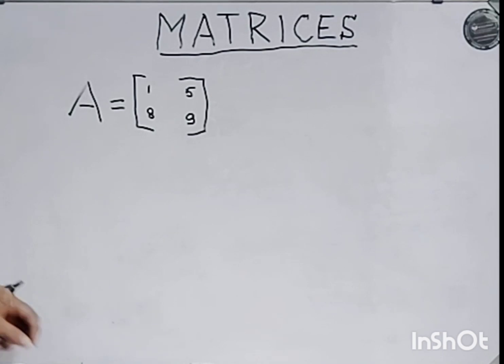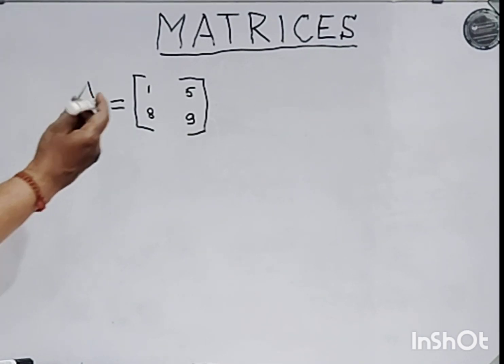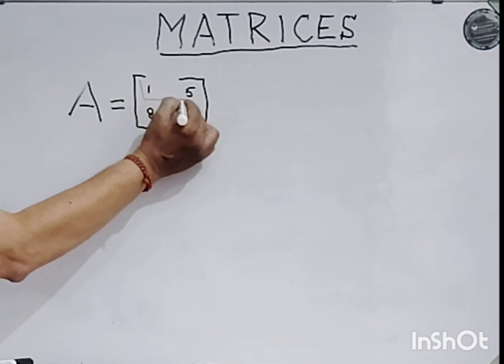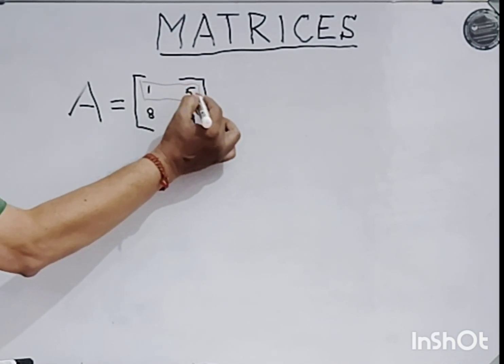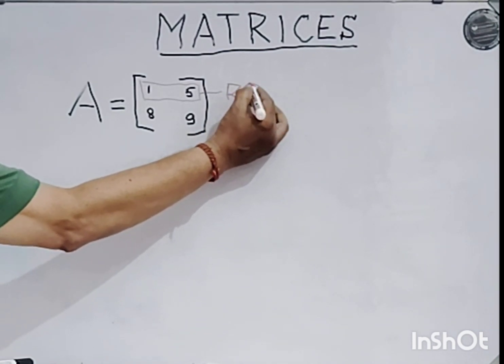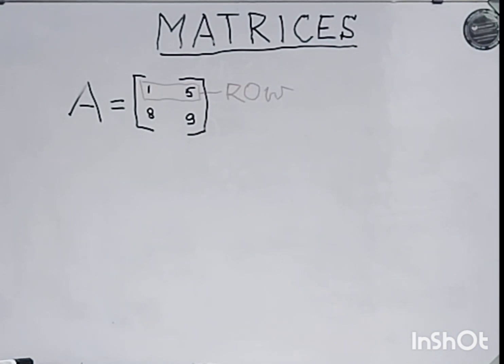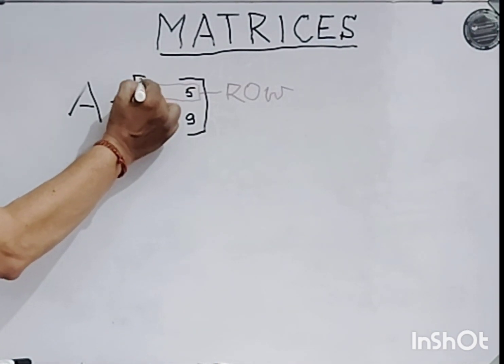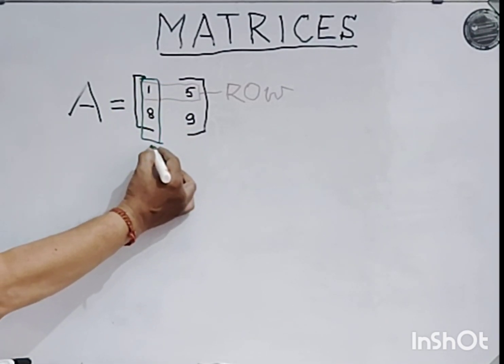You need to know this line, this one is known as a row, and the other one, these are columns. So it is a column.